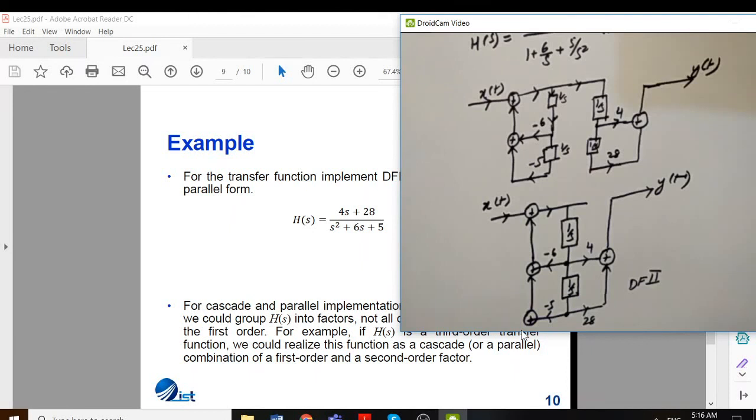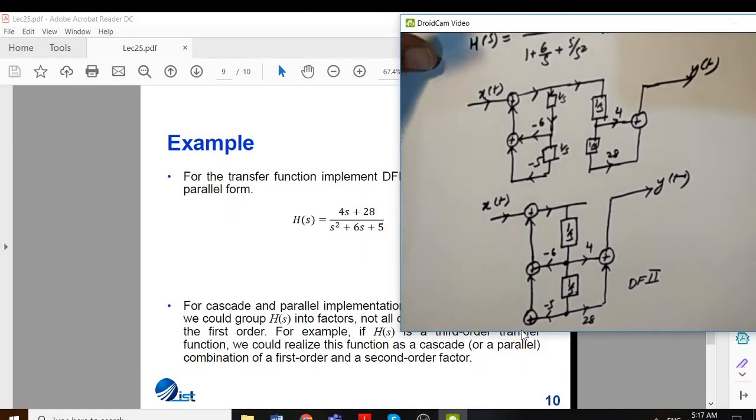Now we can see that in this form the number of integrators is minimum because the equation was a second order equation and we just used two integrators. So this representation is also known as a canonic form. I'll not be asking you what a canonic form is, but this is just an extra term that you should know: DF2 is also known as the canonic form because it has the minimum number of integrators.